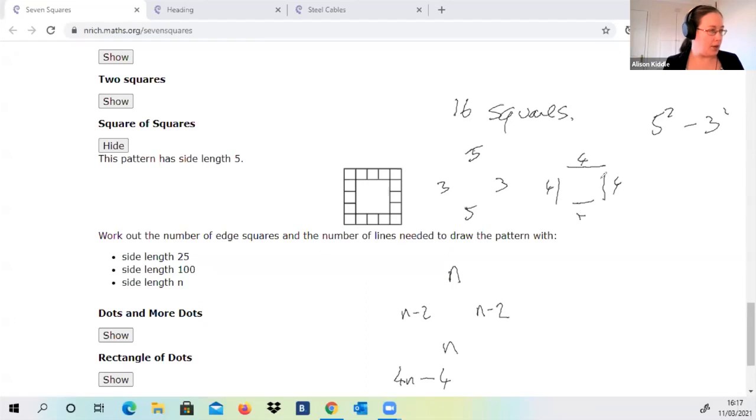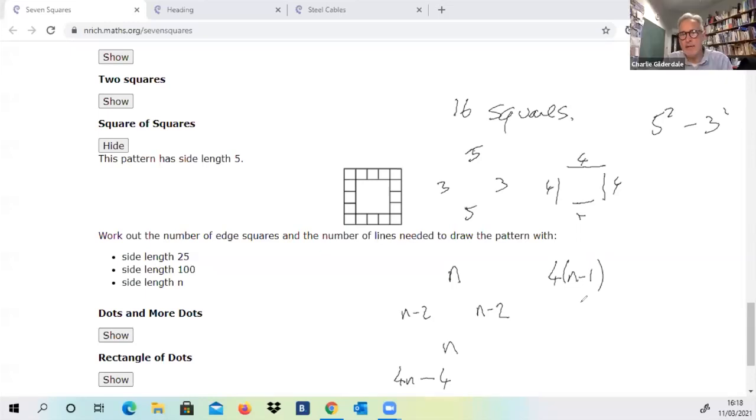So I think for mine, I knew that when I had a 5 by 5 square, I was counting 4 lots of 4. For my 100 by 100, I had 4 lots of 99. So for my n by n, I think I can just write straight away that my nth term rule will be 4 lots of n minus 1.